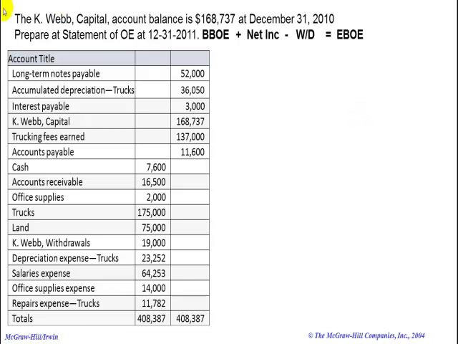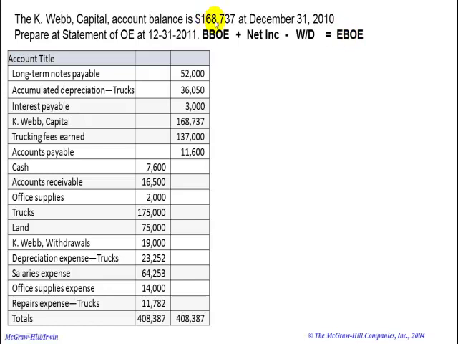Here I have another set of trial balance numbers and accounts, and on this one I'm supposed to put together a statement of owner's equity at 12/31/11. And that statement of owner's equity basically is the beginning balance of owner's equity plus things that increase it, like net income, minus things that would lower it, like withdrawals, and to come up with an ending balance of owner's equity.